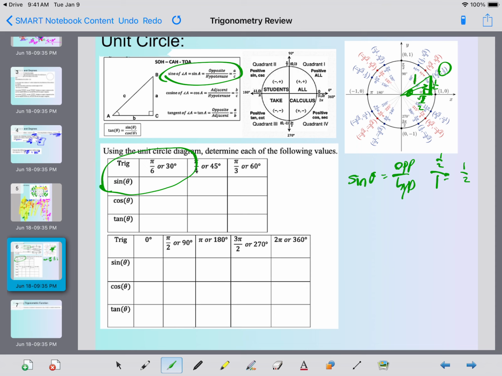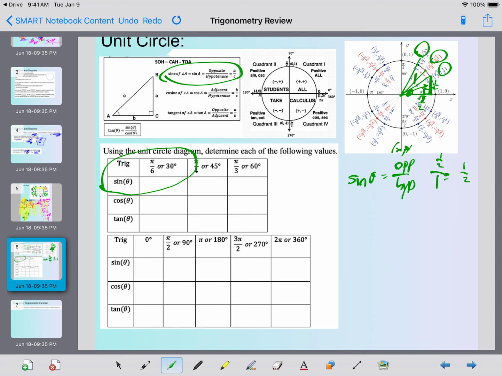What if I said sine of 45 degrees? Wouldn't the radius still be 1? So the hypotenuse would still be 1? So wouldn't it just be your y value over 1? Wouldn't that just be radical 2 over 2? The same thing goes for this. The hypotenuse would still be 1. So wouldn't it just be the y value? We just learned that sine is your y value.